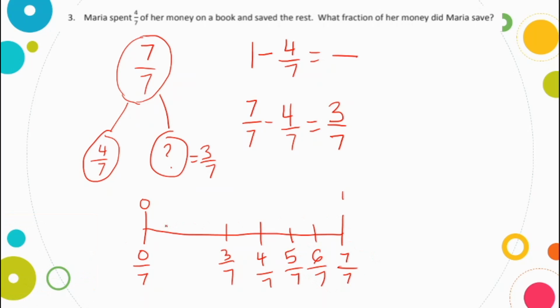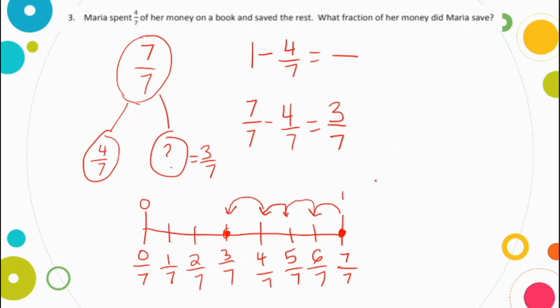And then 1/7 and 2/7. Okay. So if you think about it, we're here, and we know that we are taking away 4/7. So that's 1, 2, 3, 4/7. So we end up with 3/7.